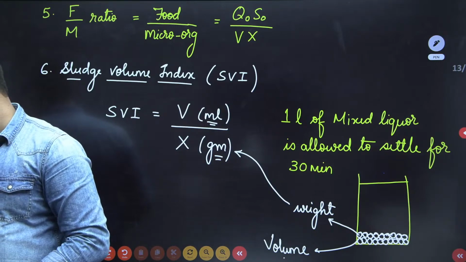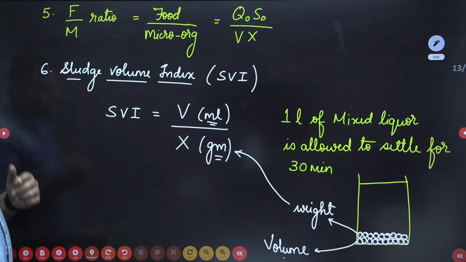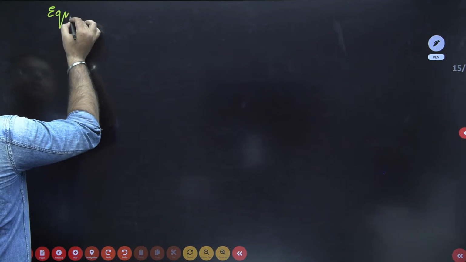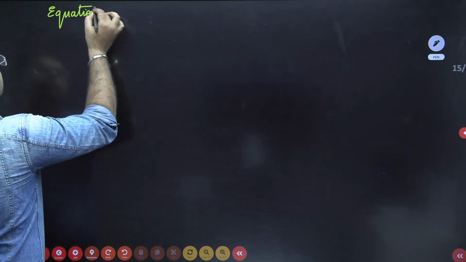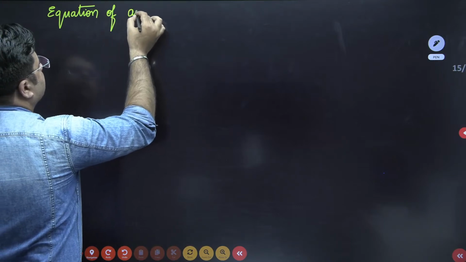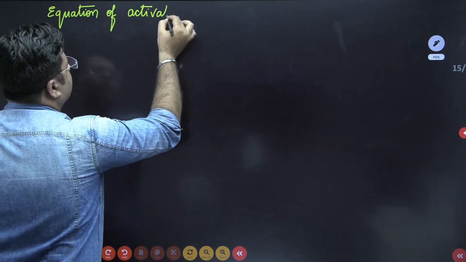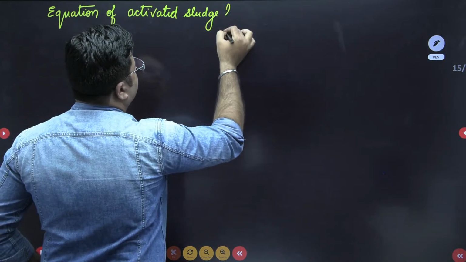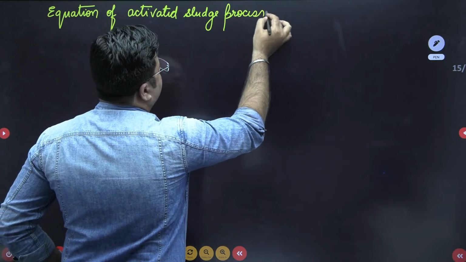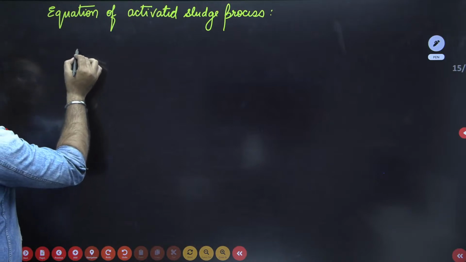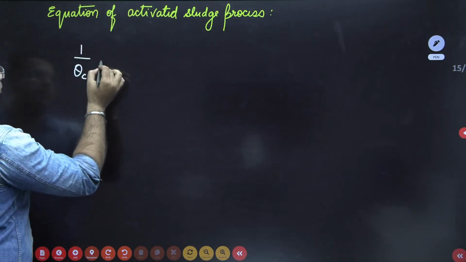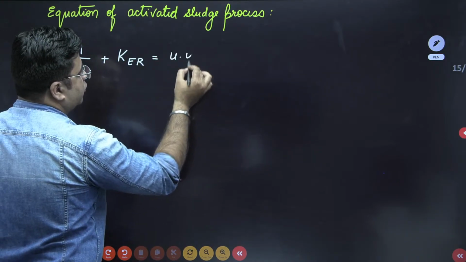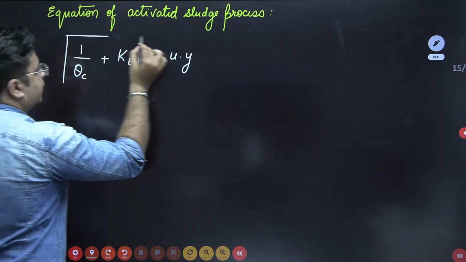Okay, last is your equation of activated sludge process. So what is the equation of activated sludge process? 1 upon theta C plus KER is equal to U into Y. Let's see one by one what every term means.